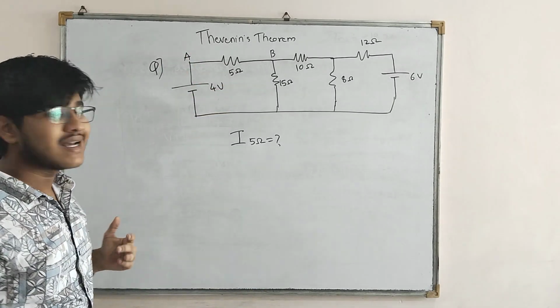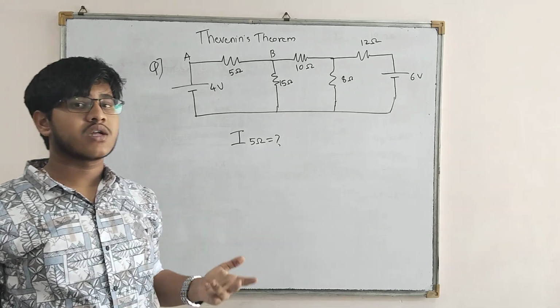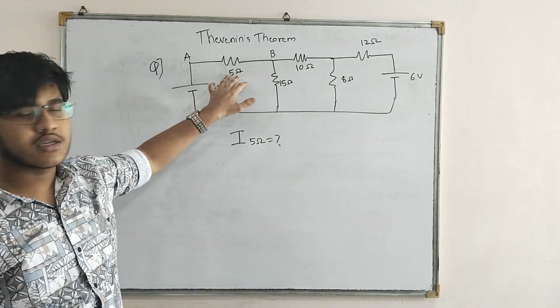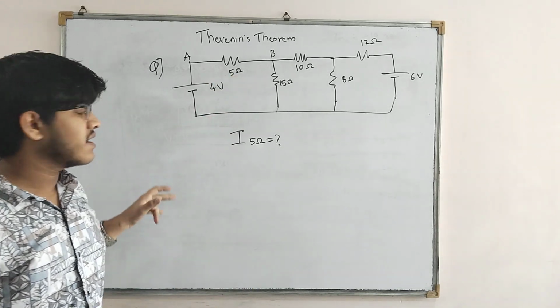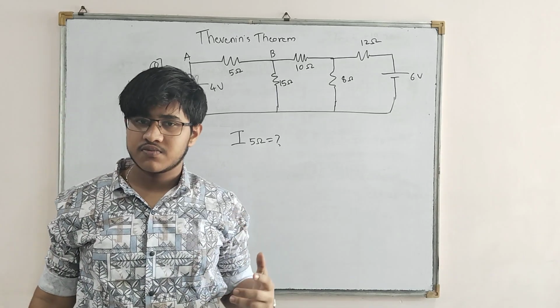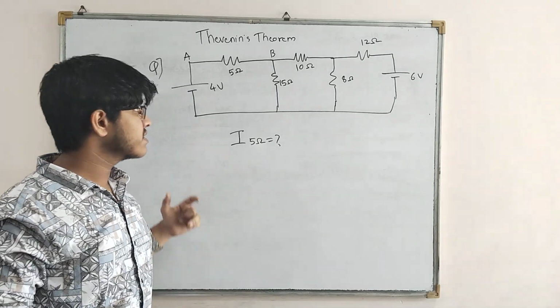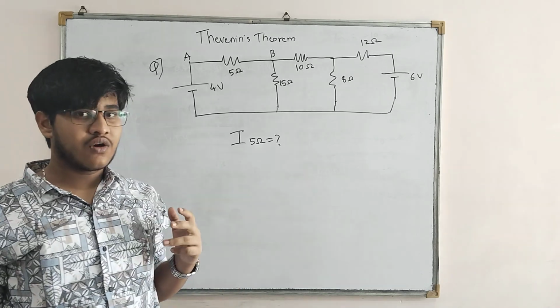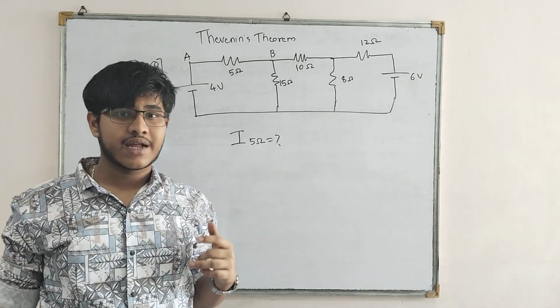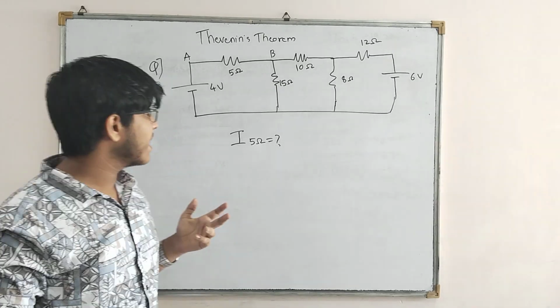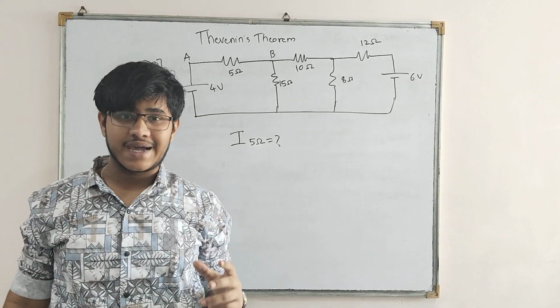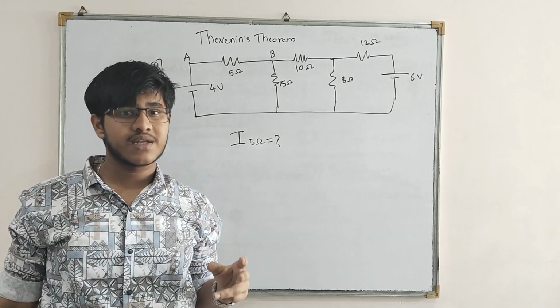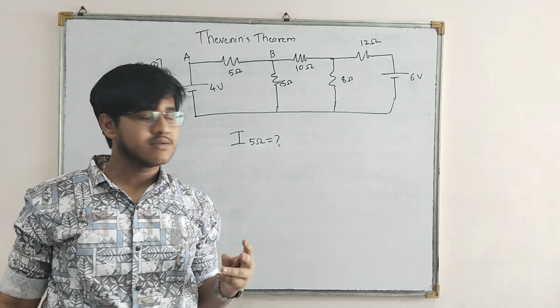Then you will calculate the effective resistance of the remaining circuit except this 5 ohm resistance, and then you will use our Thevenin's formula to calculate the final answer. And please mention the direction of our final answer, that's more important. And with that, also draw our Thevenin's diagram, because that's also very important, it has marks.